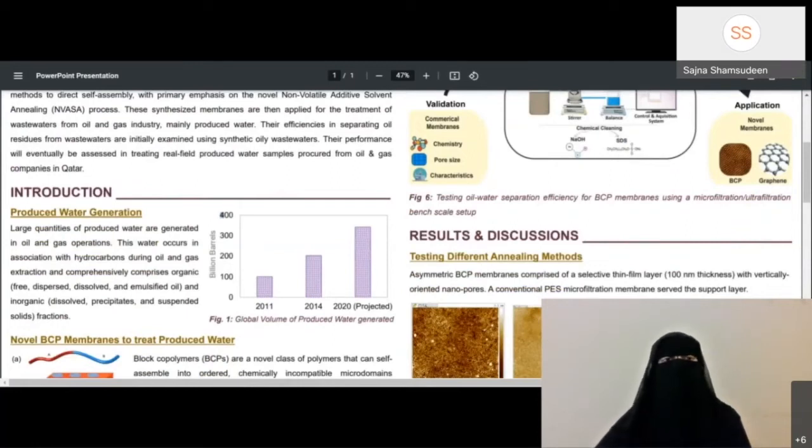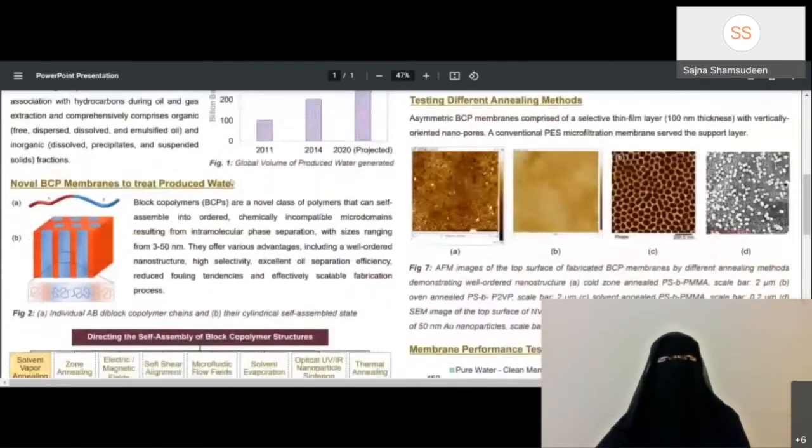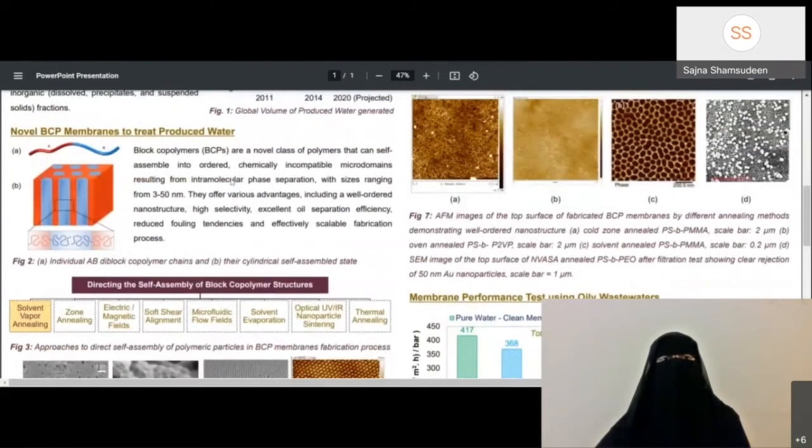range of other technologies. In this project, we fabricated a special class of thin film composite membranes for this application using block copolymers. Block copolymers, or BCPs, consist of two chemically incompatible polymers that are covalently linked at one end.